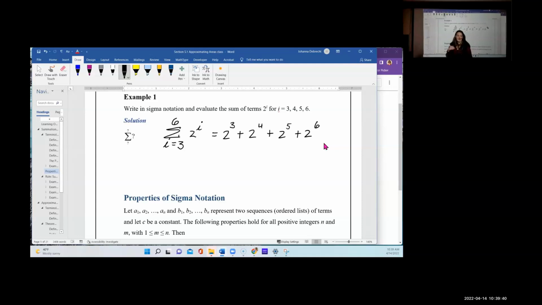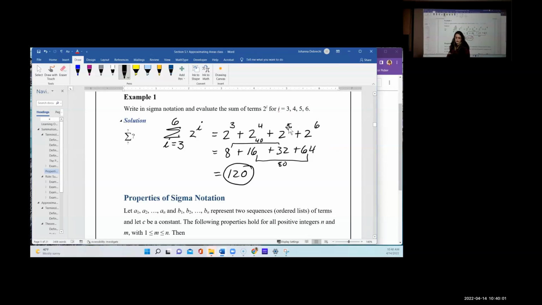So we start at the lower limit and go to the upper limit. So this gives us 8 plus 16 plus 32 plus 64. 64 and 16 gives me 80, and 8 and 32 gives me 40, and 40 plus 80 is 120.